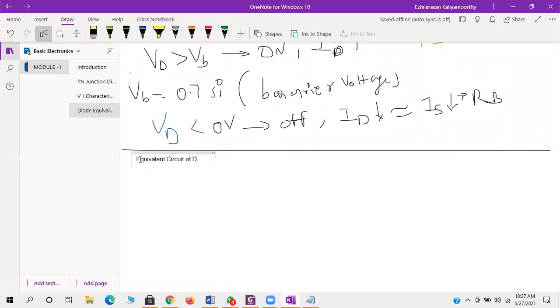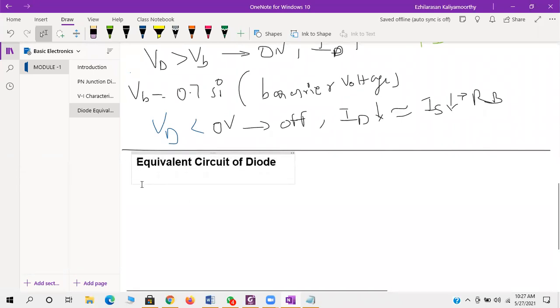The equivalent circuit of diode that I study now. There are three equivalents. The first one is the ideal diode.